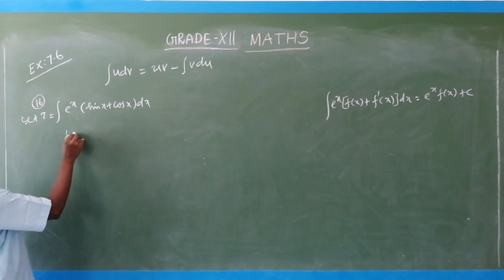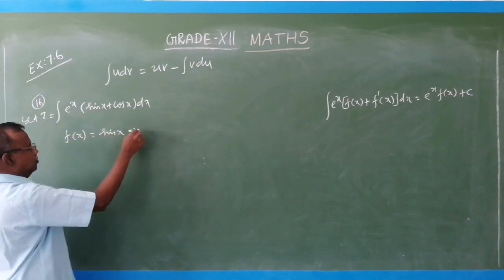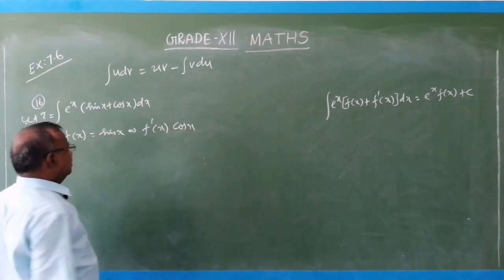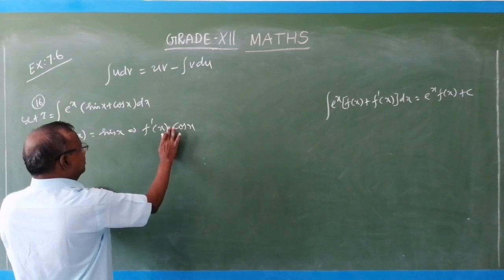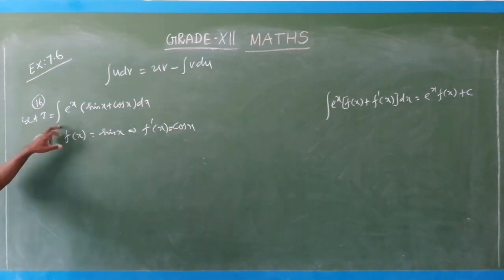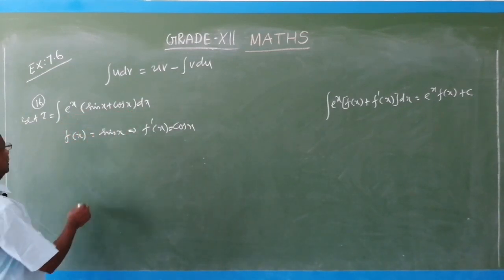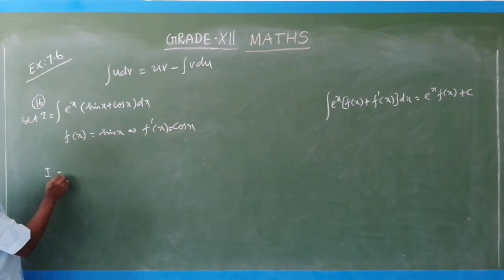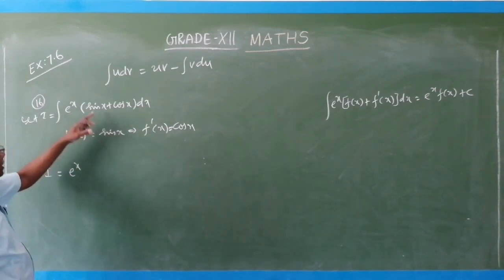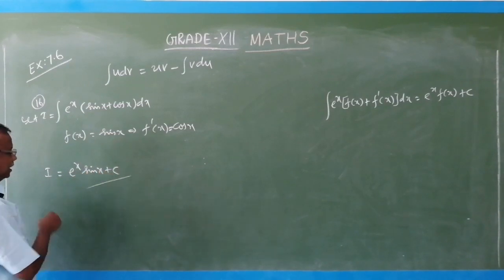Here f of x equal to sin x, so f dash of x equal to cos x. So it is in the form of integral e power x into f of x plus f dash of x into dx. Therefore, the answer is I equal to e power x into f of x, means sin x, plus c. So this is the answer.